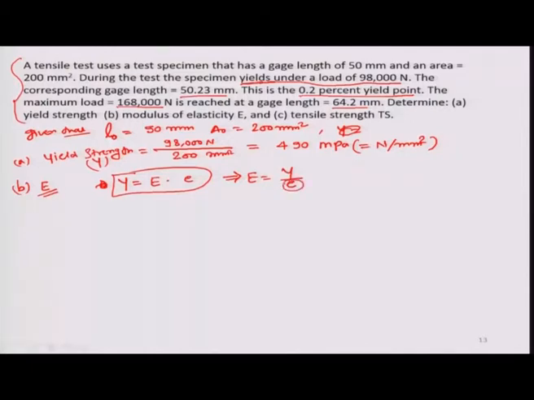So, what is the strain? First, the original gauge length was 50 mm, the corresponding gauge length is 50.23 mm, and there is a 0.2% yield point. Earlier I had discussed that for the yield point, a parallel line is drawn.